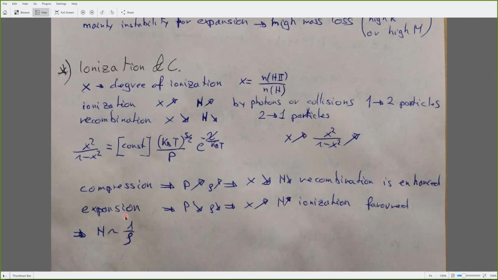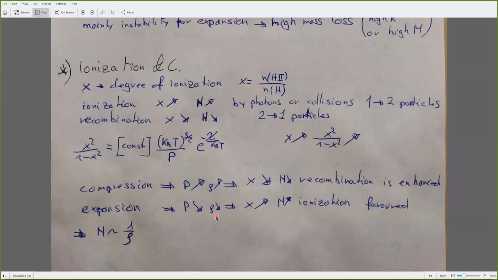If you have an expansion, the pressure decreases because, as we saw before, in expansion the outer layers are losing weight, so they are causing less pressure on the layer under them.